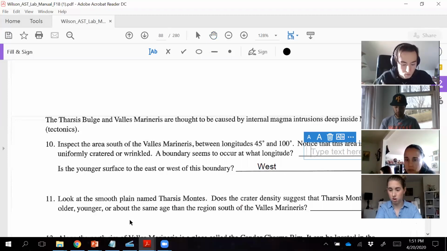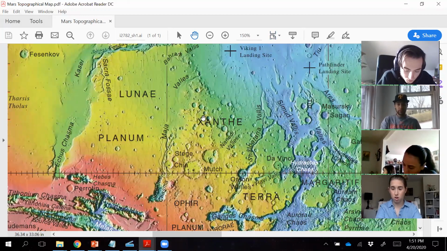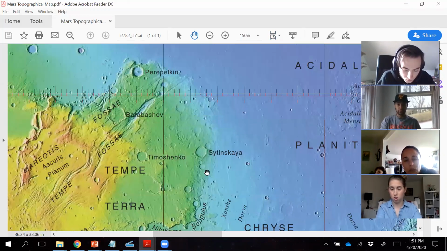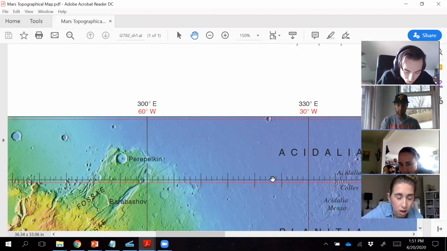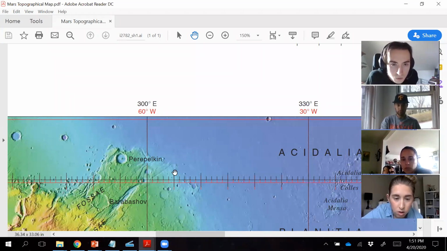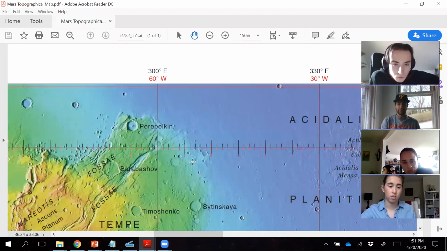What longitude is this at? We can estimate the longitudes up here. This is 30 degrees. This is 60 degrees. What's each big tick mark worth? What is 30 divided by 6? 5. So 5 degrees, which means each of these little ticks is 1 degree.